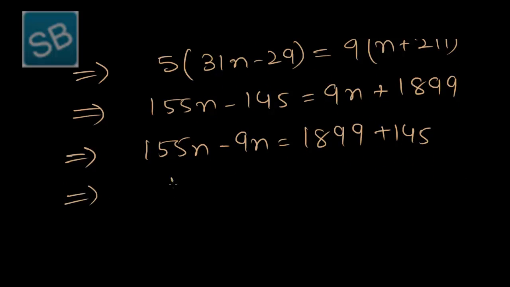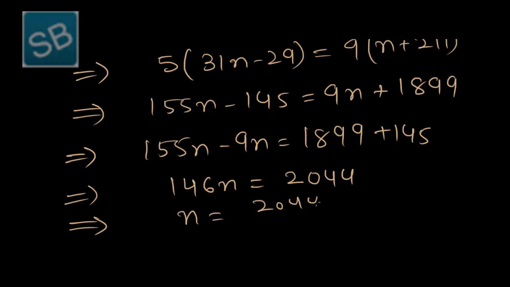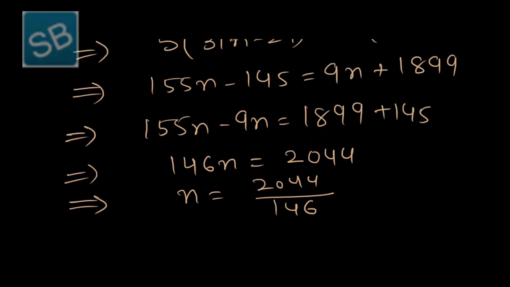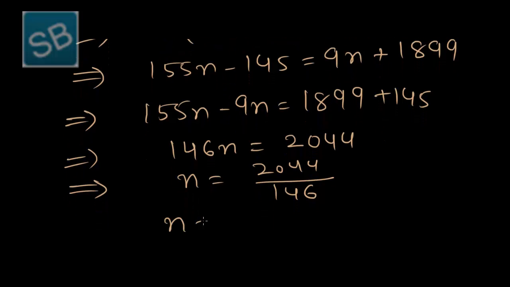That gives 146n is equal to 2044. That gives n is equal to 2044 over 146. On dividing, we get n is equal to 14. So there are 14 means inserted between 1 and 31.